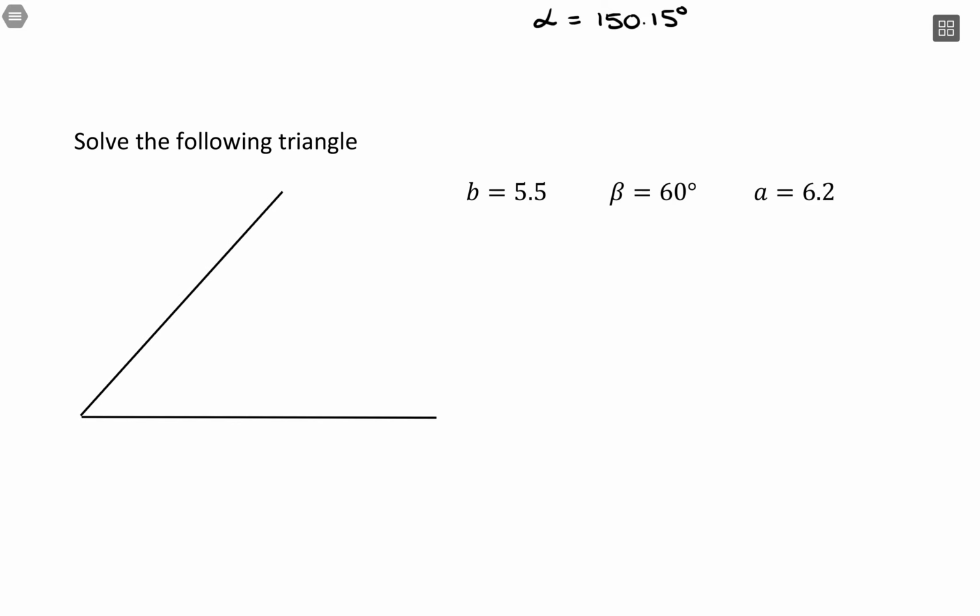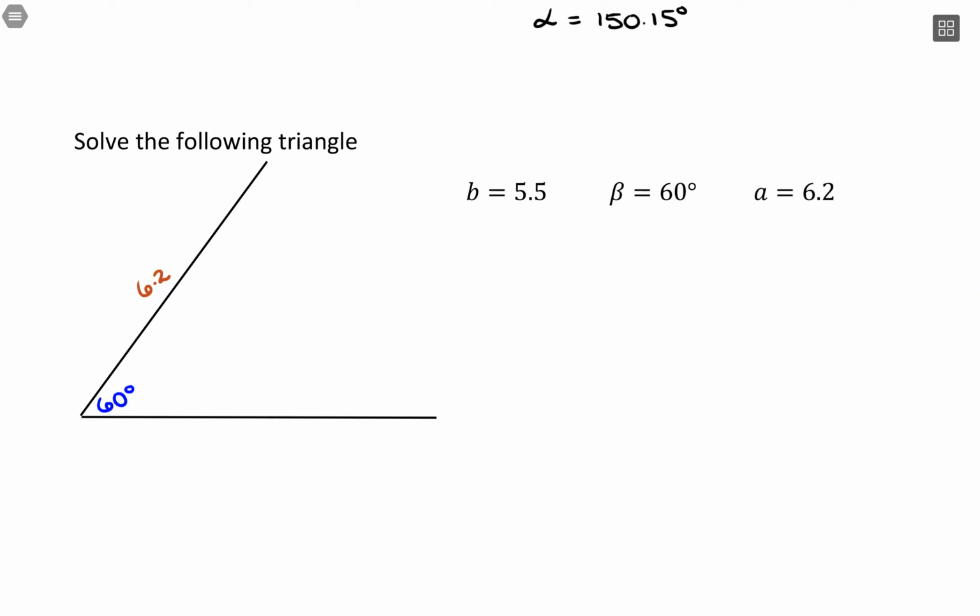Ooh, 60 degrees, maybe there-ish. Ooh, it's even further up like that. Close enough. All right, so there's 60 degrees. Then we have this side length of 6.2 for A. And then what I'm trying to draw is 5.5.